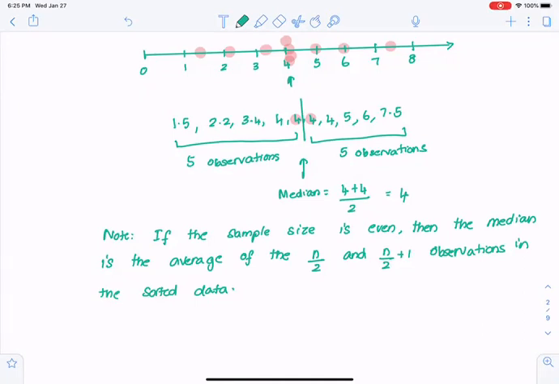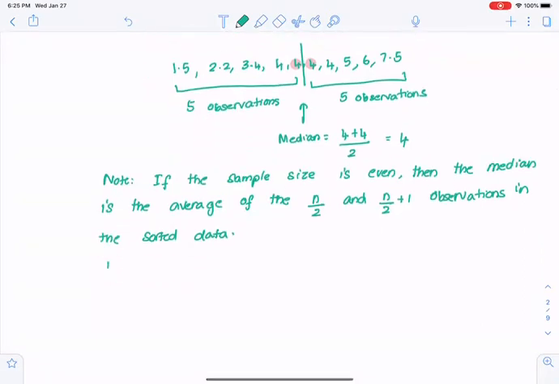Now let's look at our example. In our example, n is 10. 10 is definitely even.